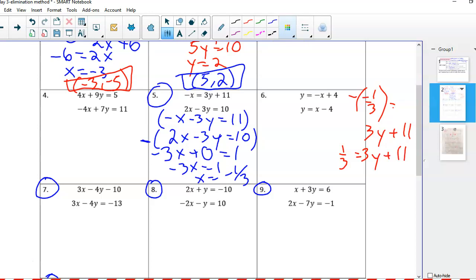How would we solve this for y? Subtract 11. So go ahead and do that in your calculator. 1/3 minus 11.